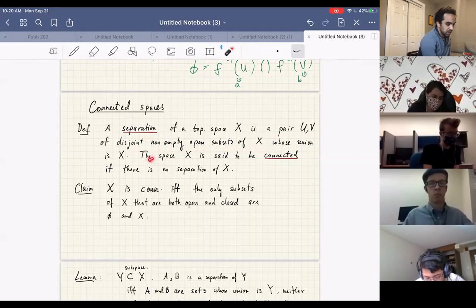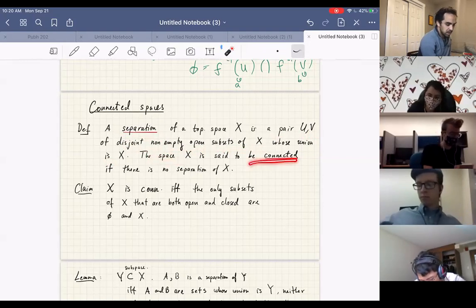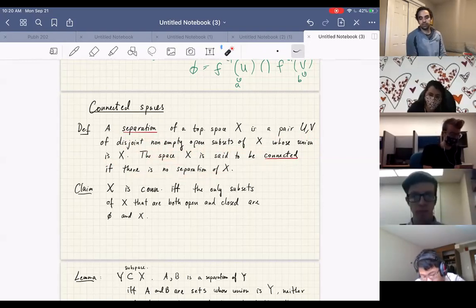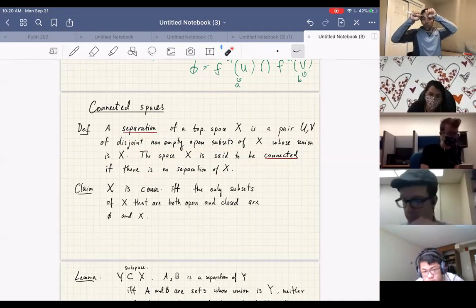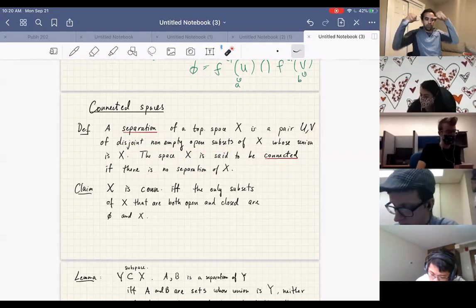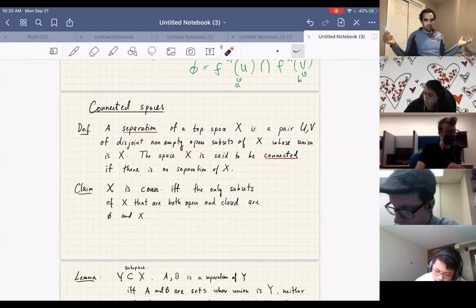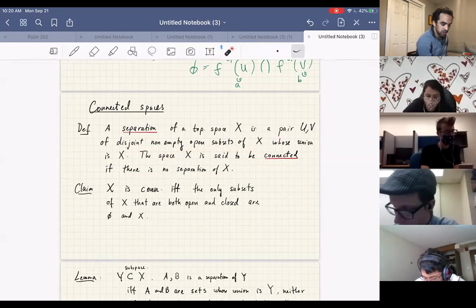And we say the space X is connected if there is no separation, if there are no disjoint non-empty open sets such that their union is the whole space.